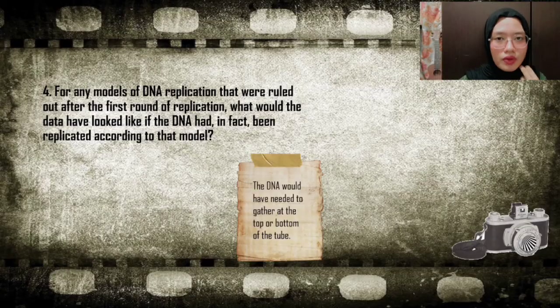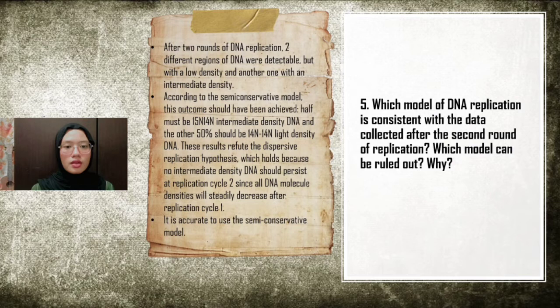For question number 4, the answer is the DNA would have needed to gather at the top or bottom of the tube. For question number 5, the answer is after 2 rounds of DNA replication, 2 different regions of DNA were detectable. This is because according to the semi-conservative model, this outcome should have been achieved. So it is very accurate to use the semi-conservative model.